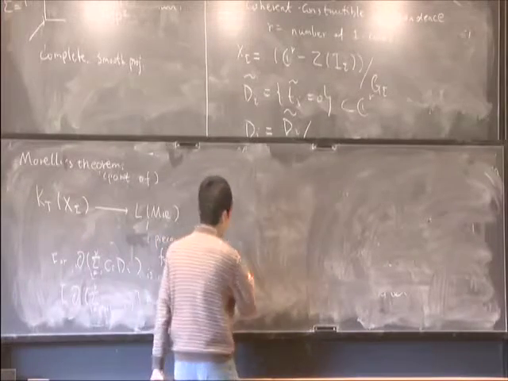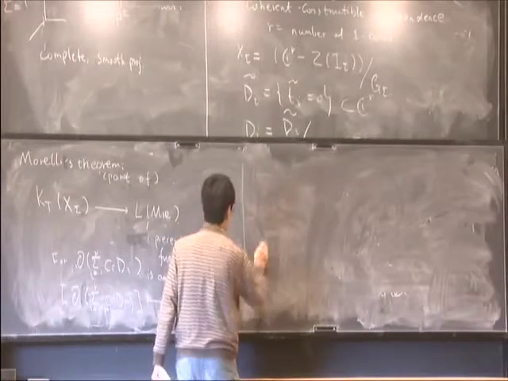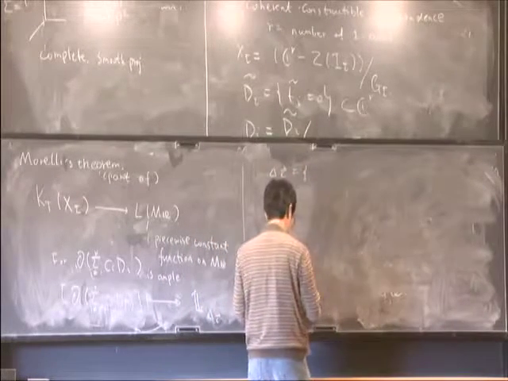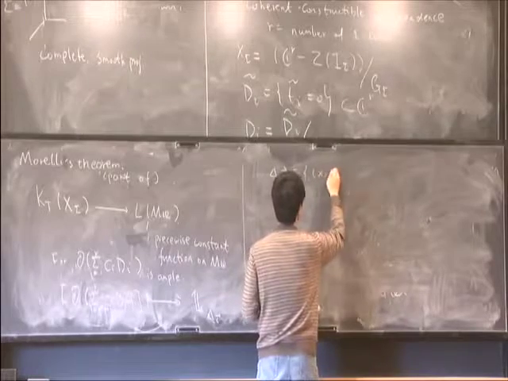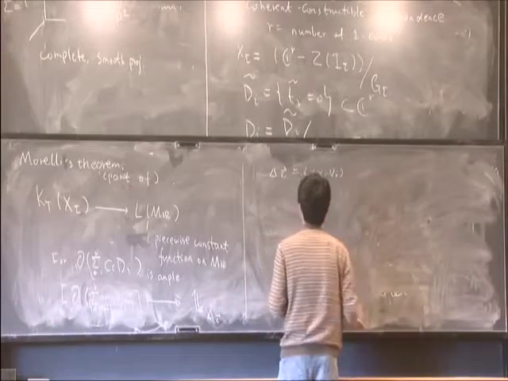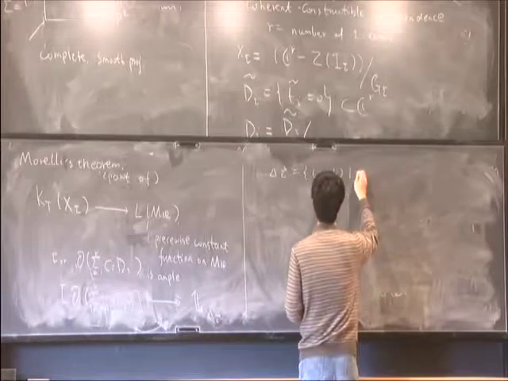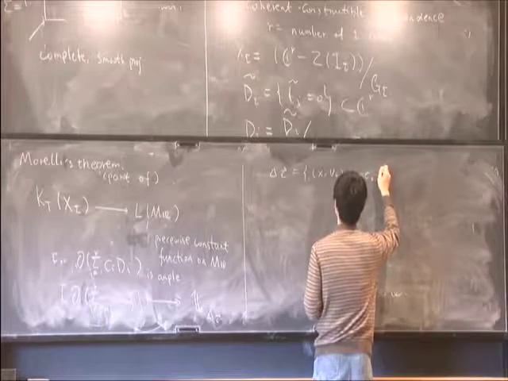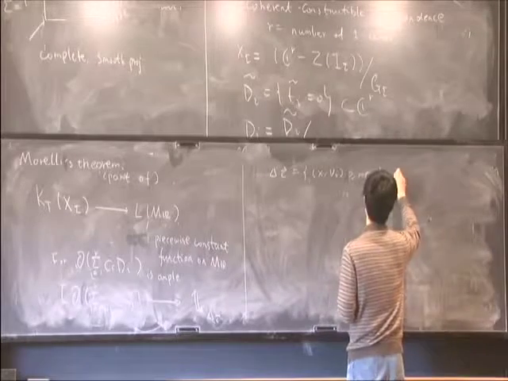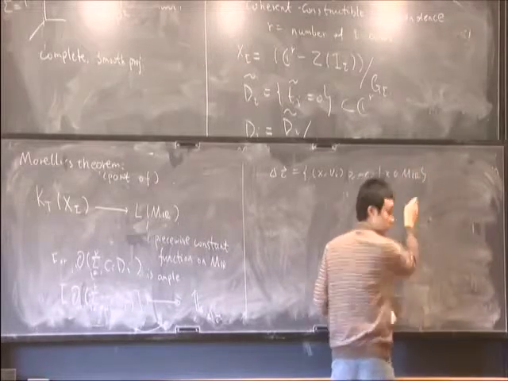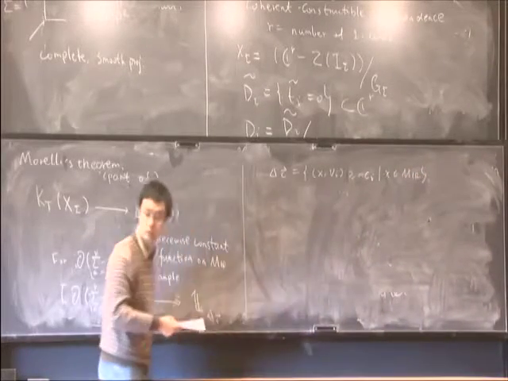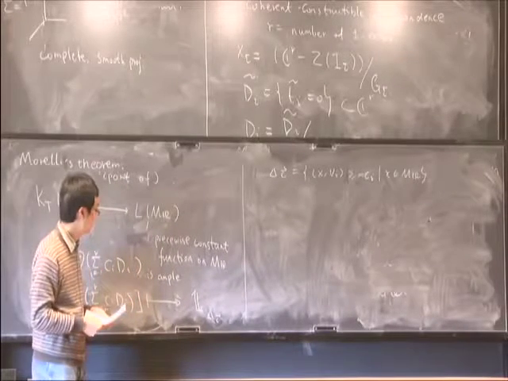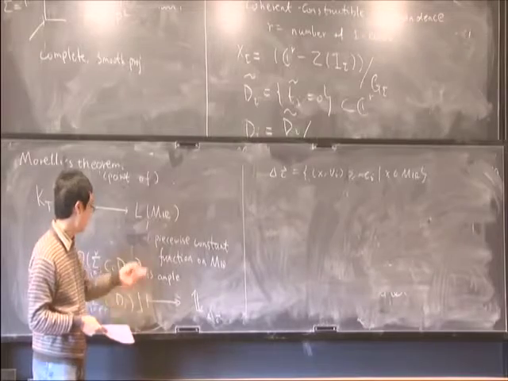There's a combinatorial definition: the set of x such that the pairing of x with v_i is greater than or equal to minus c_i, with x lying in M_R.